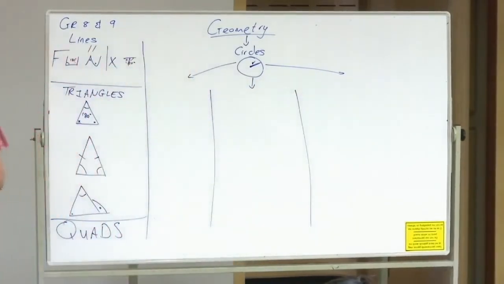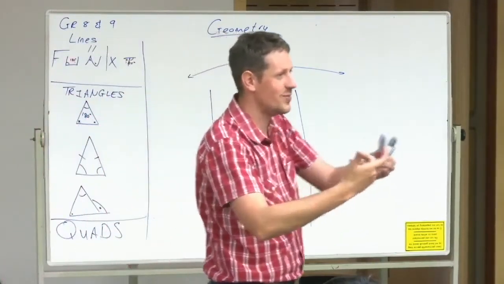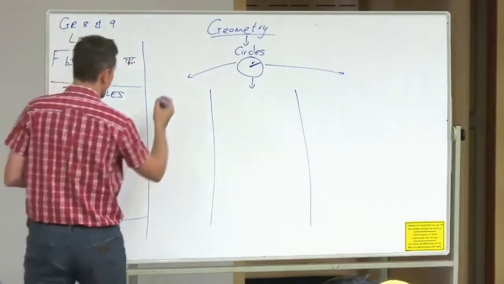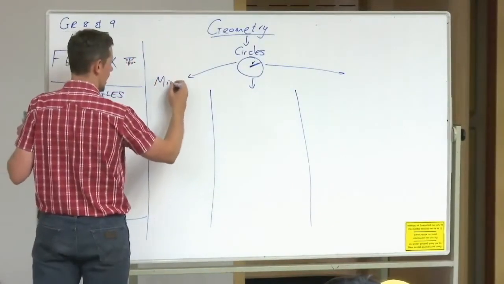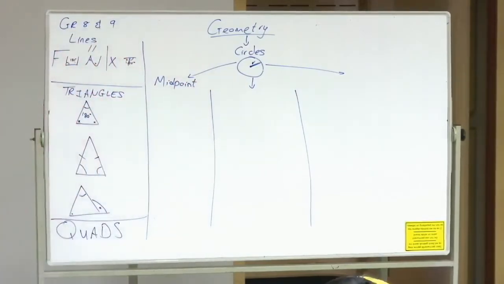So ladies and gents, when I study circles, and when I go and answer an exam question, I always have my theorems in 3 separate drawers. Depending on the scenario, I open a specific drawer. So the first drawer that I look at is when I'm given a midpoint or a center of a circle.